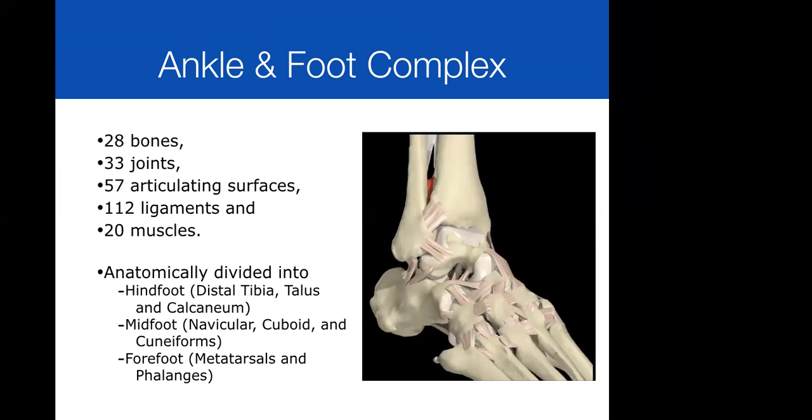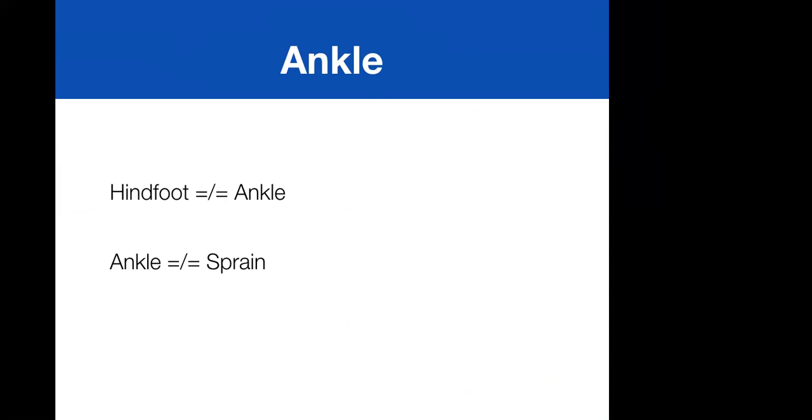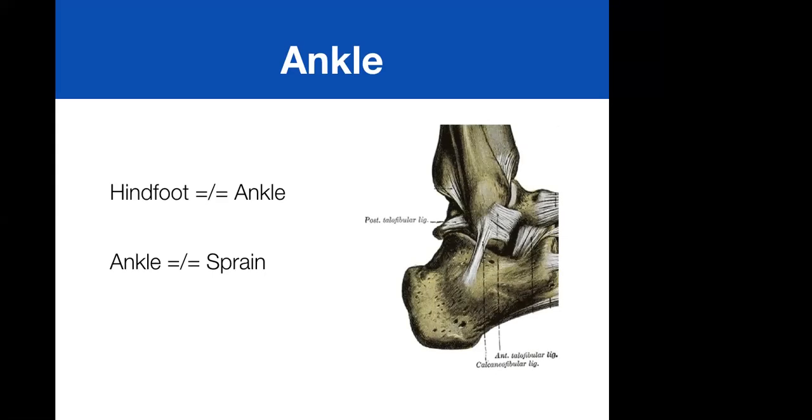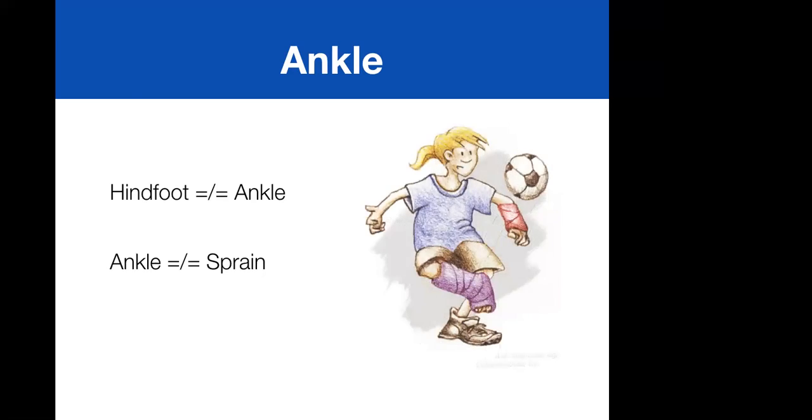These are three different parts which work synergistically to form an organ. That's what I would call a foot complex, which works like a marvel when we are walking on two feet. One thing for sure, hindfoot is not only the ankle, because hindfoot also has a very important subtalar joint which moves in the coronal plane, and all ankle injuries are not sprains.